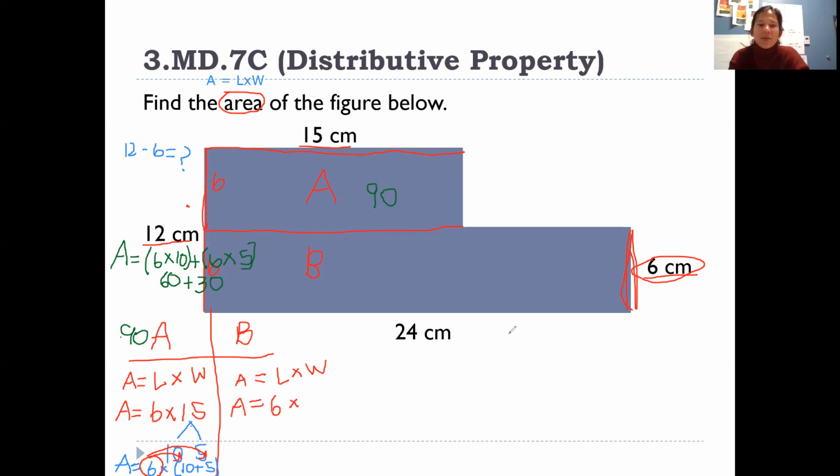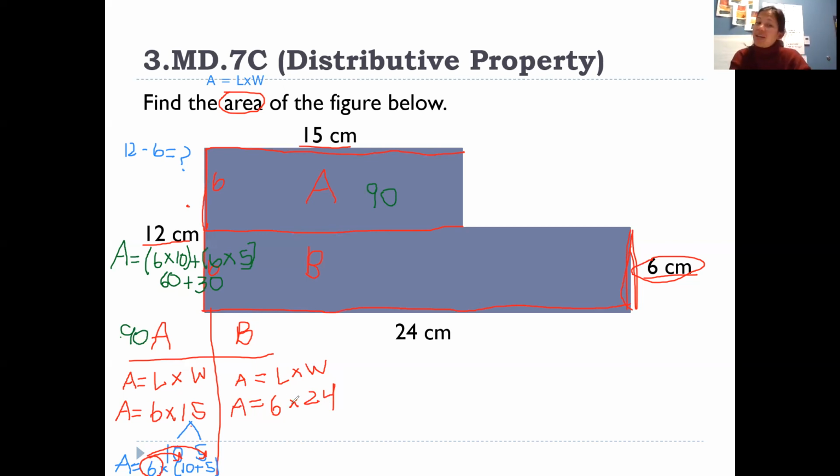And width, how wide something is. The width is not the same for shape B because we see with our eyes that shape B is wider. So I'm seeing that side is labeled 24.